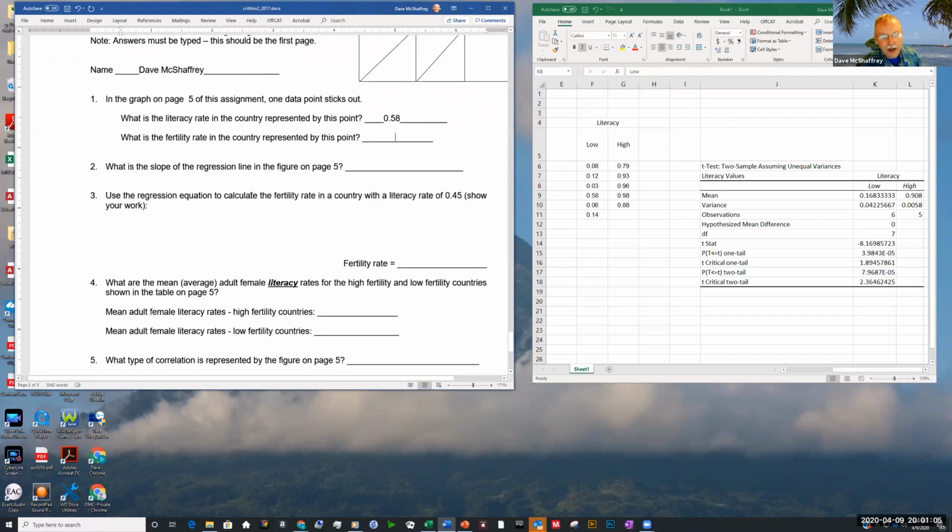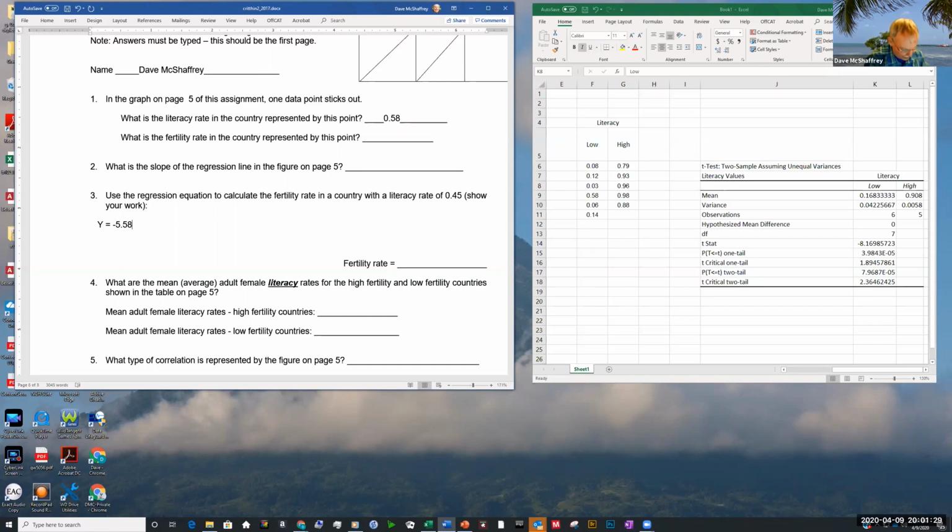What is going to be the fertility rate in a country with a literacy rate of 0.45? So you need to show me the work here. In other words, you would say something along the lines of y equals, and then you have the slope of the line, which was minus 5.58 or something like that.